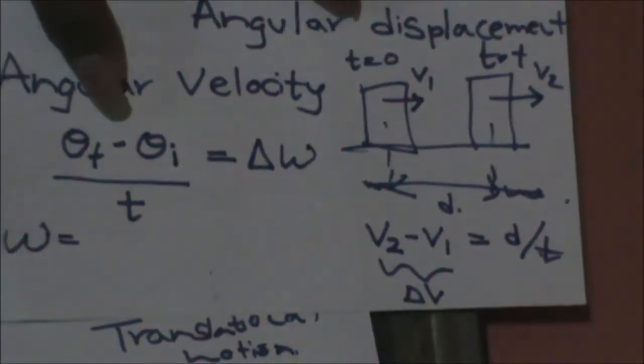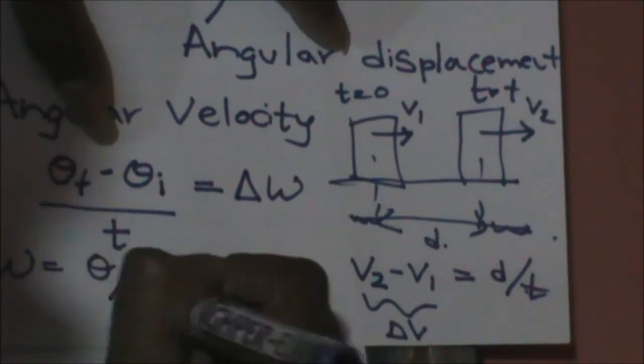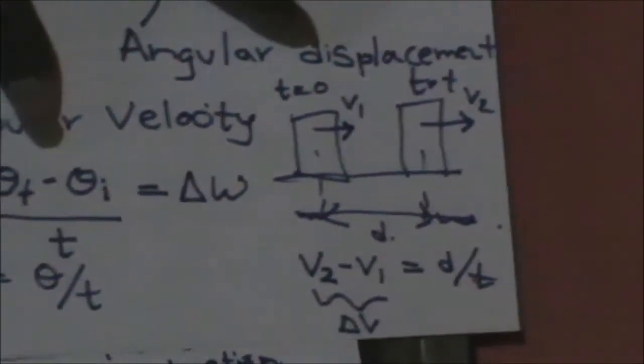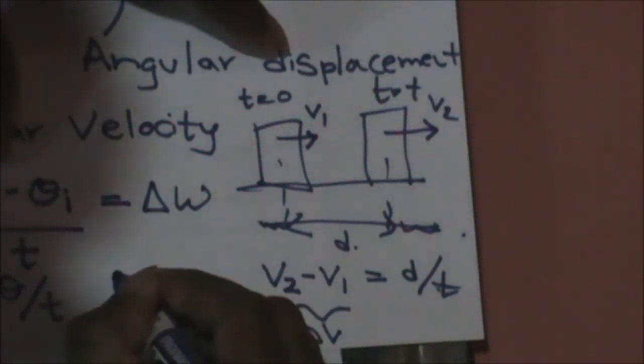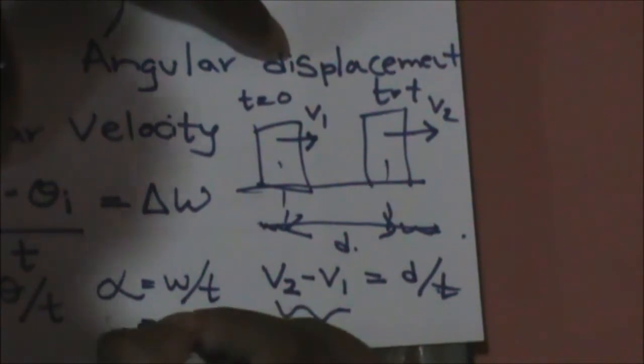So omega equals theta by t. Similarly, angular acceleration alpha equals omega by t, or theta by t squared.